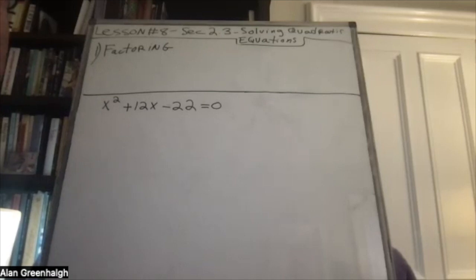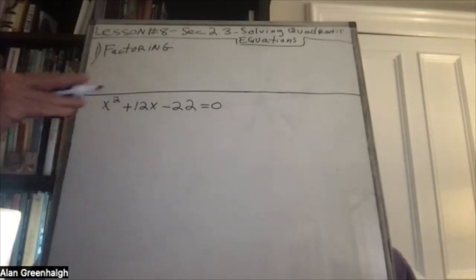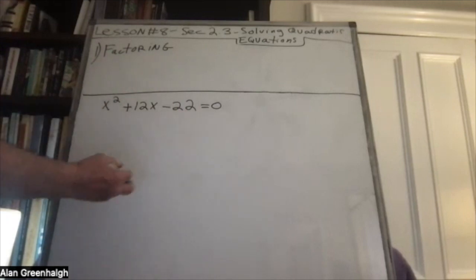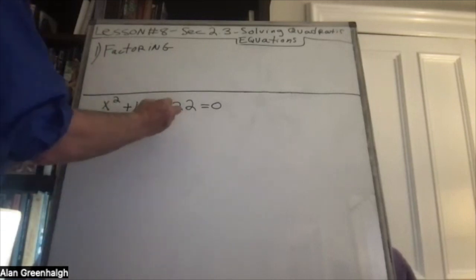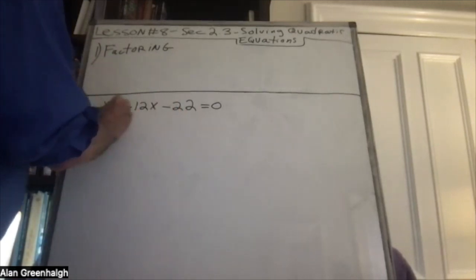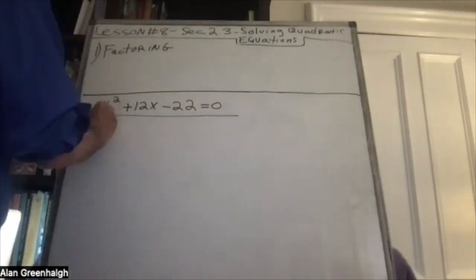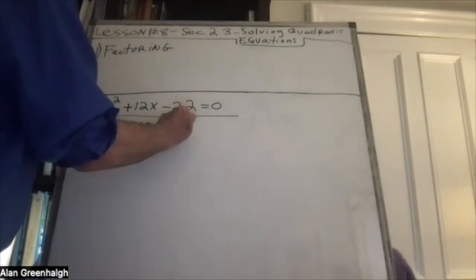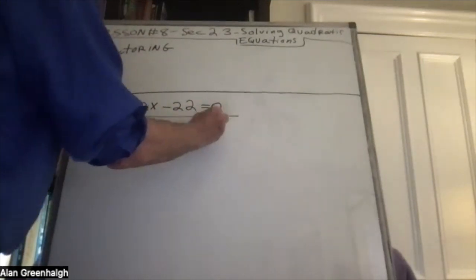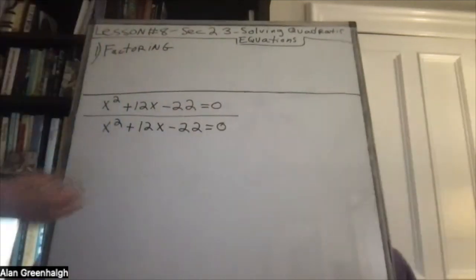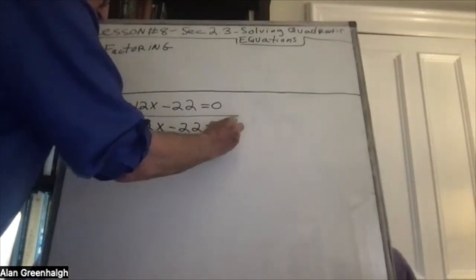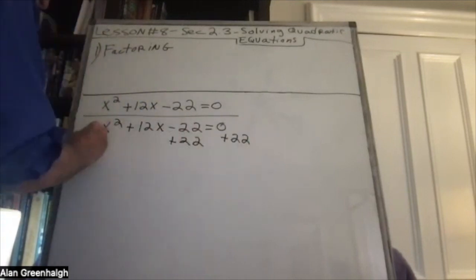Okay, here we go. This is the method you use. It's hard to justify any of this, but just watch and see what I'm going to do. The first thing I'm going to do is rewrite the problem, so we have the original problem to look at if we need it. Okay, so the first thing I'm going to do is bring this to the other side of the equation.